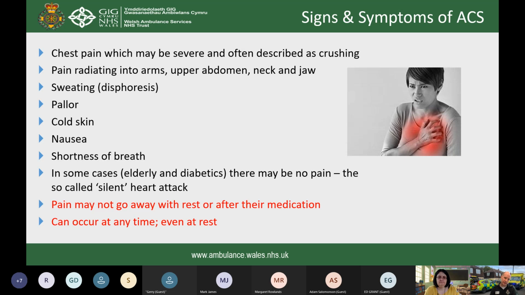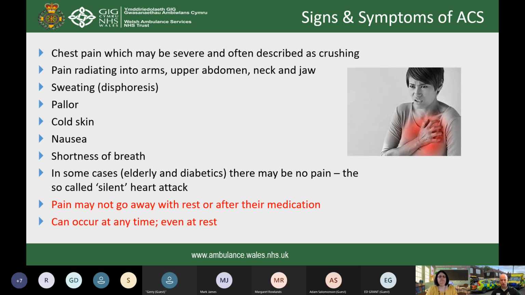So signs and symptoms are very similar to stable angina. They're going to have chest pain, maybe a little bit more severe, crushing. They normally say it's like someone sat on their chest. Pain radiates again to the arms, jaw, neck, upper abdomen. Short of breath. Sweating's a big key one.